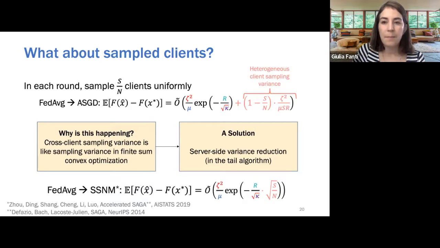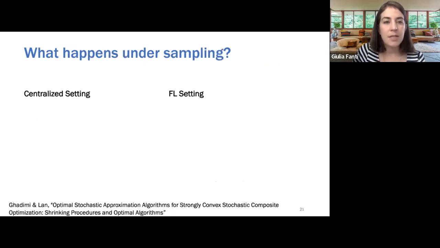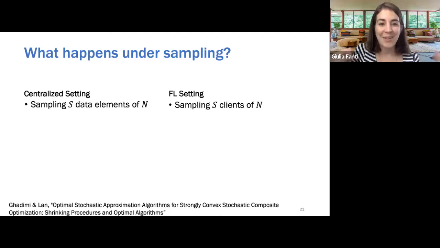Okay, in a little bit more detail, what's going on here? It's helpful, I think, to see the parallels with the centralized setting of finite sum convex optimization, and we can see how these two settings parallel one another.